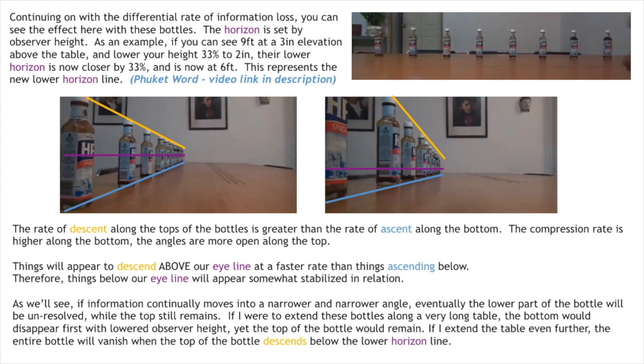But just within this example right here, you can see how if you were to view a boat descending away from you at that lower visual angle, and then you went up a little bit higher, like on the left diagram, to view the boat, your horizon has extended. That table has gotten longer within your field of view, and you can now resolve more information just by raising height along a flat surface.